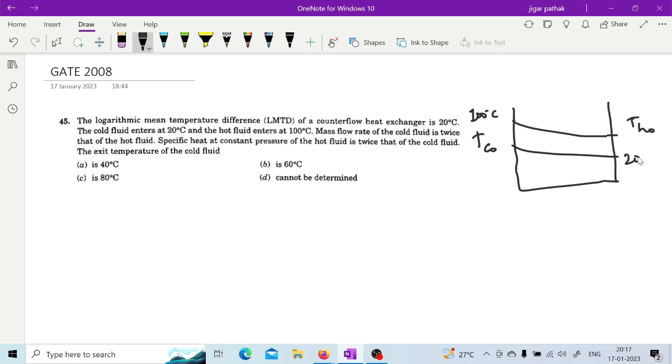And here it will be 20 degree centigrade, right? So from this, you go with the same heat transfer in hot fluid and cold fluid.